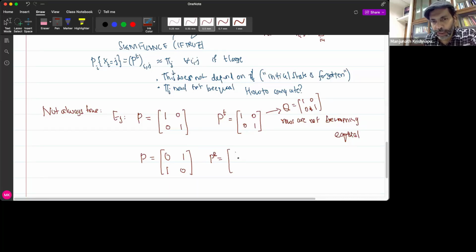If you do P square, you will see that it becomes 1, 0, 0, 1. And then P cube will be again this. And then P power 4 will be again this. So all the odd powers are going to be like this. All the even powers are going to be like this. That means P to the T does not converge.